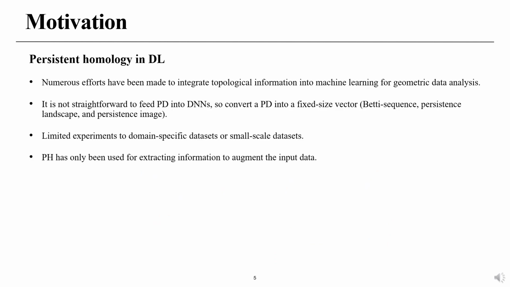Previous studies have explored the integration of persistence diagrams into deep neural networks for geometric data analysis. However, these studies have limited their numerical experiments to domain-specific datasets, and persistent homology has only been used to extract information to augment the input data for the network. In contrast, this study takes a step further by directly leveraging the topology as knowledge.